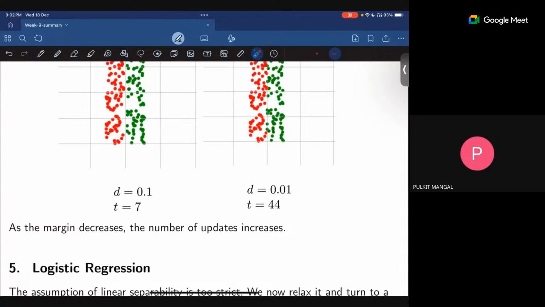The observation we made is that as the margin decreases, the number of updates increases. So of course our goal becomes to maximize the margin, because we cannot do anything about R square; that is something the data will have. But we can try to maximize the margin, which we do in the SVM case.